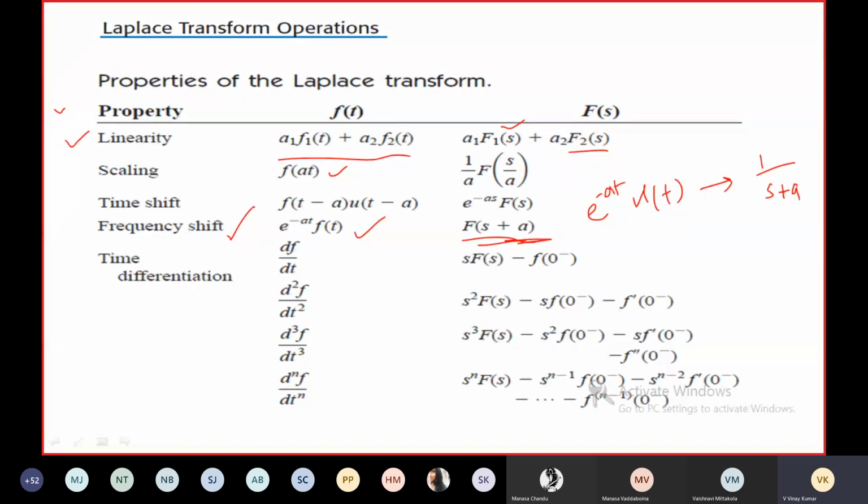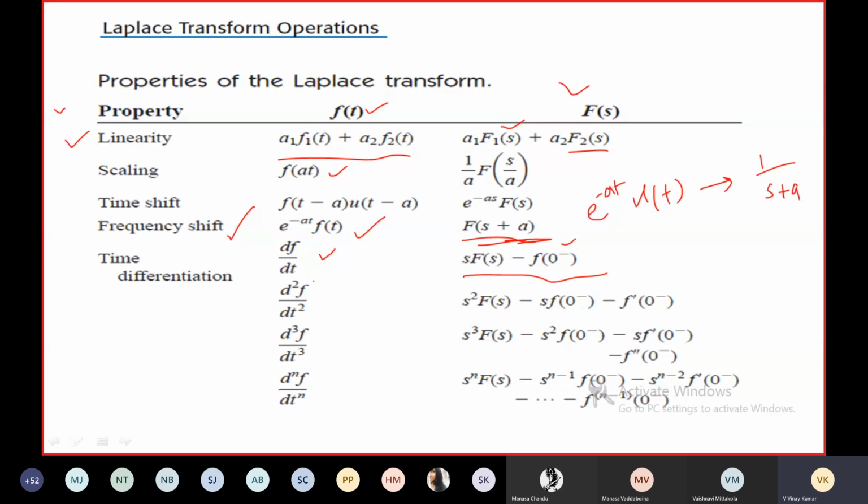Next, the time differentiation property. If you differentiate a time domain function, in the Laplace domain we have a formula like this: s F of s minus f of 0 minus, where f of 0 minus is the initial value. f of t in the time domain is F of s in the Laplace domain.